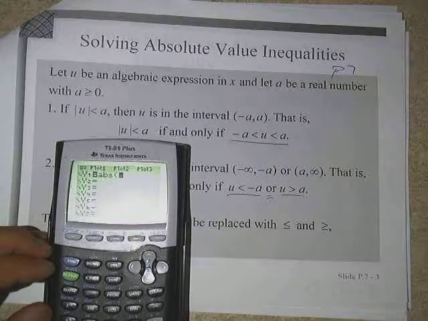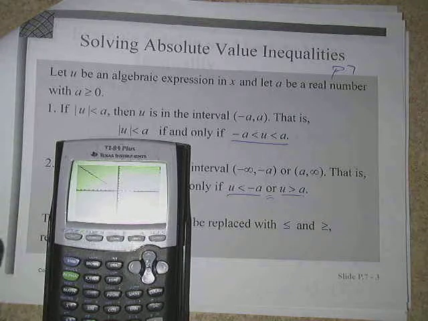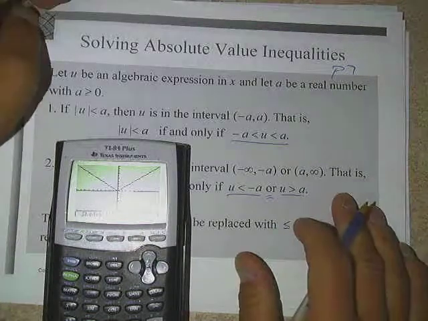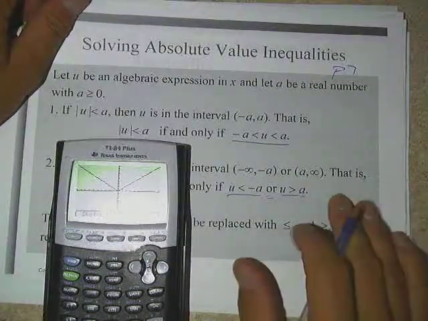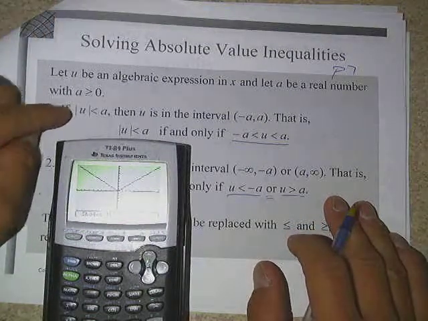If I take the absolute value of x and graph that, the general shape of the absolute value function is the V shape that we learned in Algebra 2.